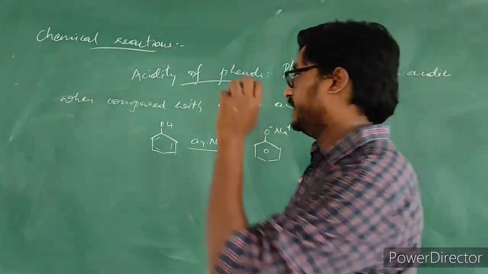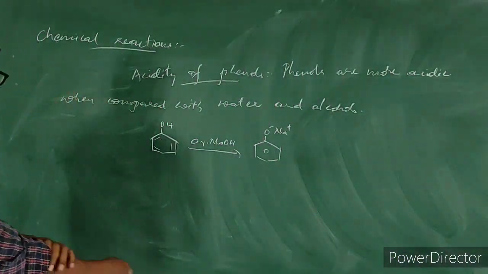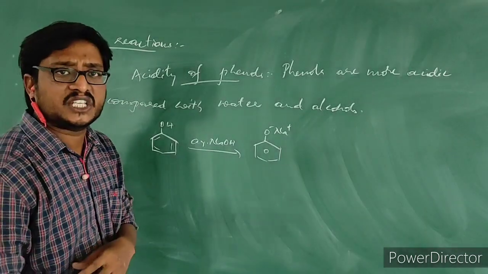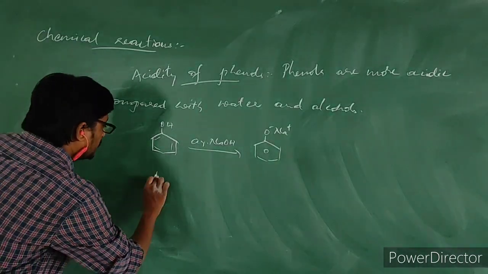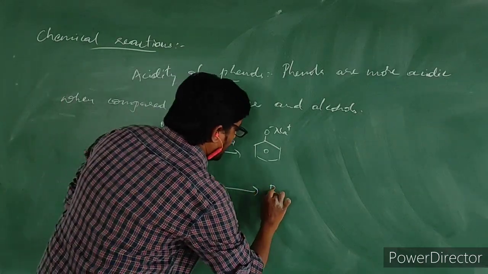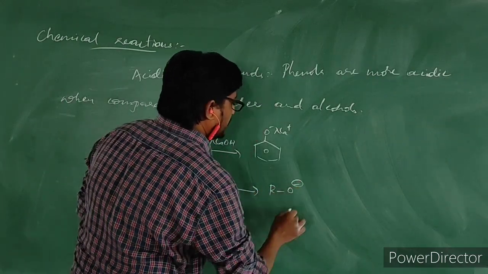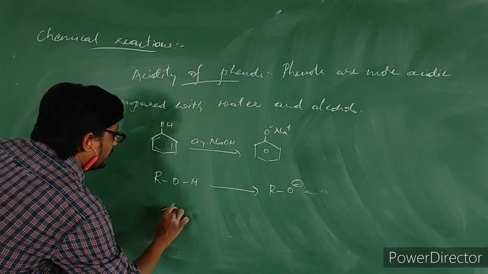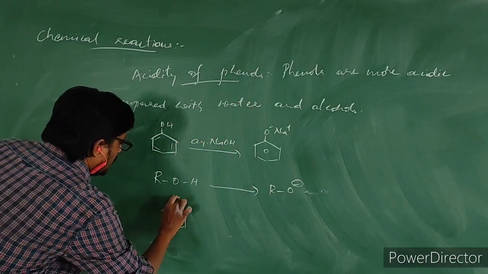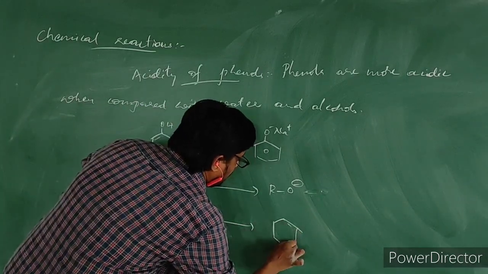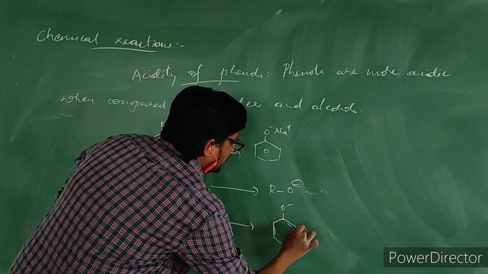And one more thing. Let us consider the ionization of phenol as well as the ionization of alcohol. When alcohol undergoes ionization, it will produce alkoxide ion in this way. When phenol undergoes ionization, it will form phenoxide ion in this way.